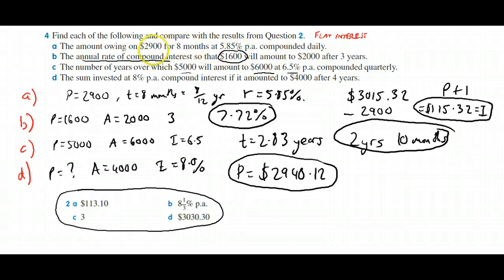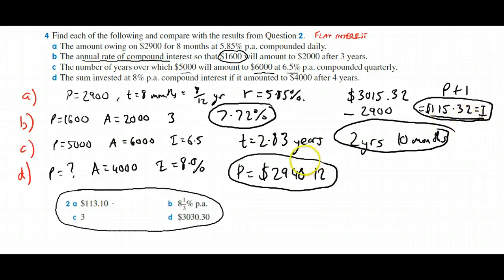Okay, so we have a pretty good comparison here. In part A, we had to work out the amount that would be owing on this amount if it was compounded daily, and we got 115 when we did compound interest compared to 113 when we did flat interest. So the compound interest created a bigger amount of interest, as we would expect.